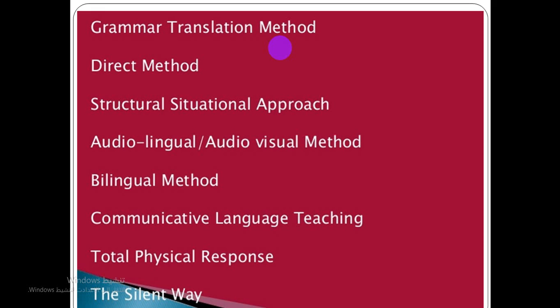Not all students respond to a teaching situation in the same way, so teachers may try other techniques from other approaches and methods. As we discussed in the previous slides, eclecticism is defined as a type of methodology that makes use of the different language learning approaches instead of sticking to one standard approach.